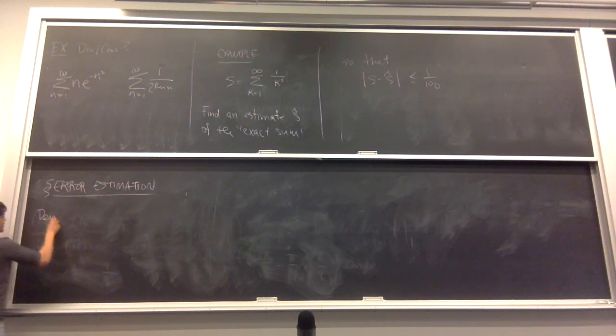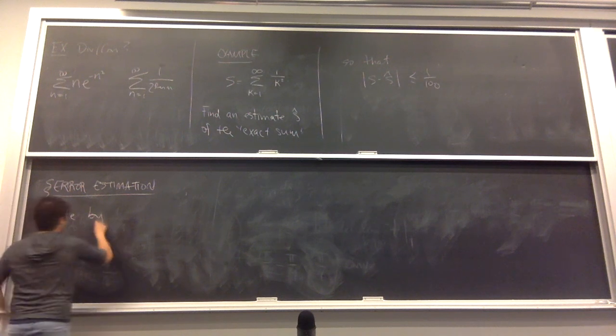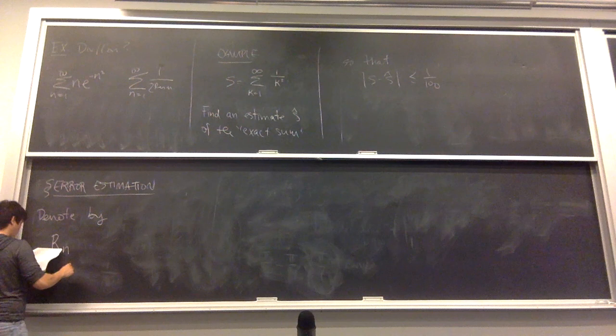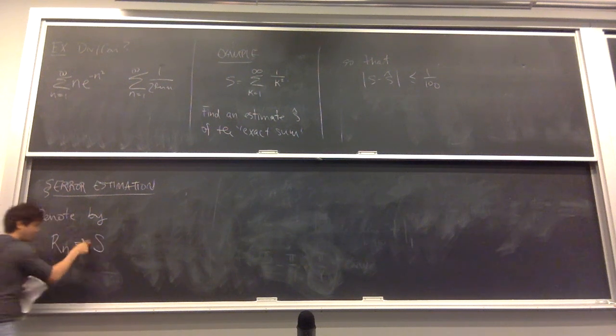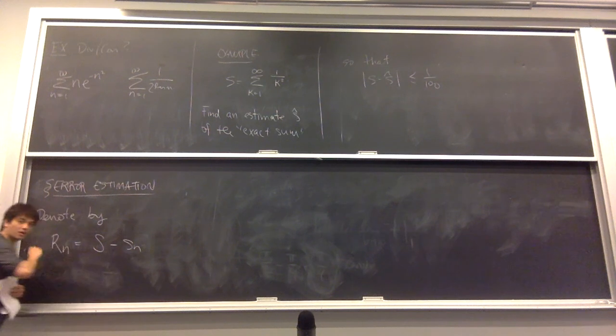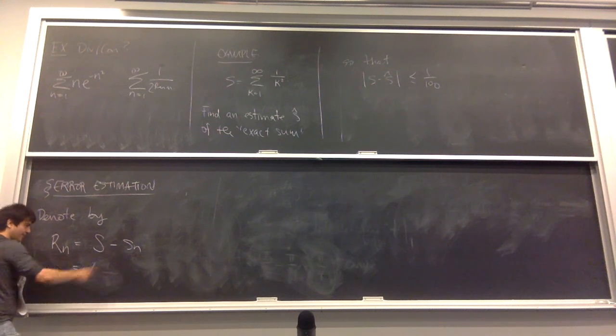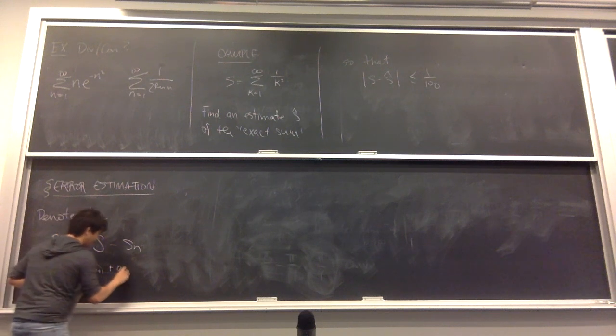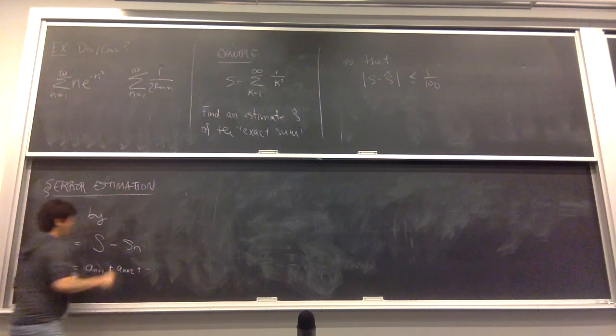So I'm going to denote by Rn, which is going to be, so this is the exact sum, this is the nth partial sum, the sum of the first n terms, or n plus 1 if we start at 0, which means what's left is this: a_{n+1} plus a_{n+2}, and so on.